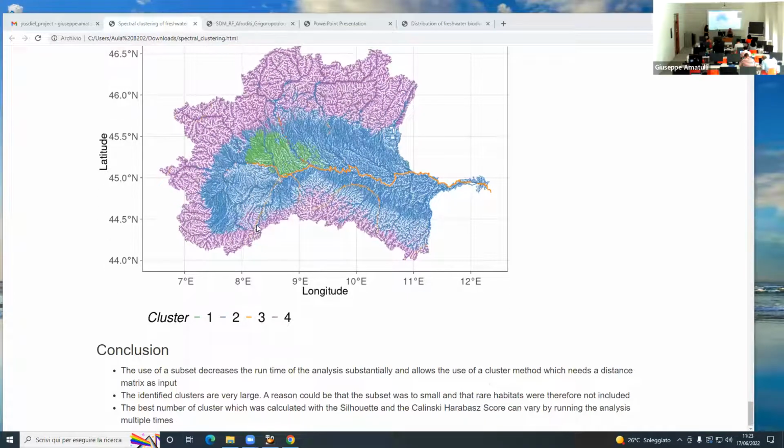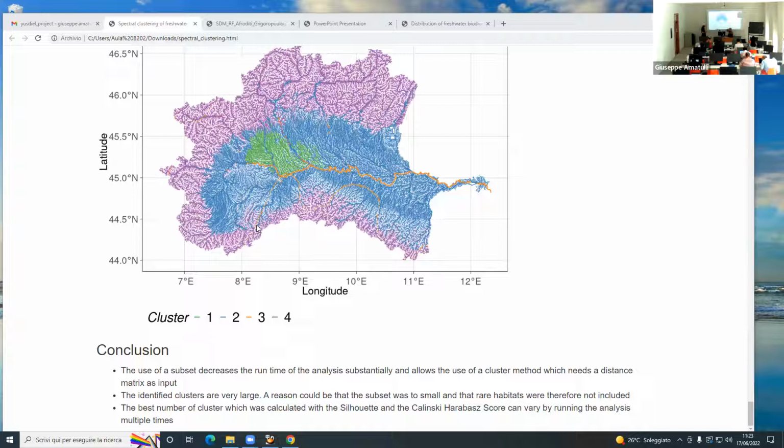Conclusion. So yeah, just using a sample really decreases the running time, and you don't have to parallelize everything, which is what I do currently. And it allows you to use different metrics, and then you can select from many more cluster methods.